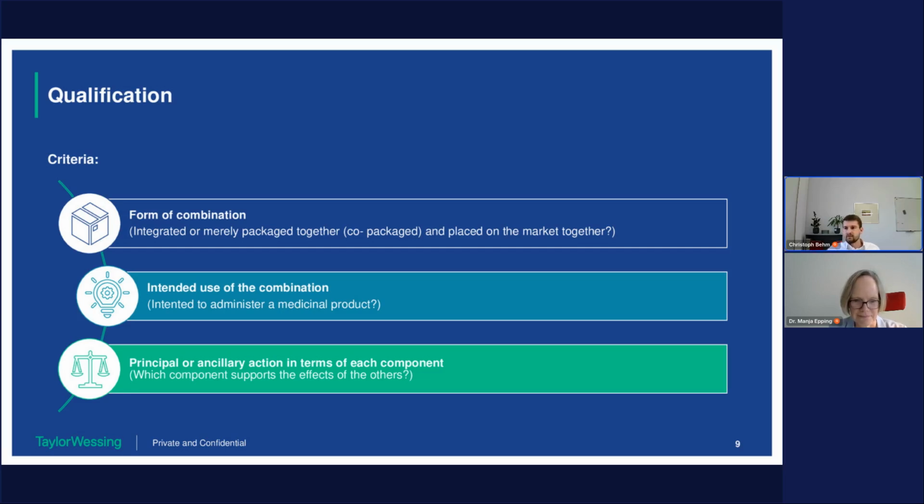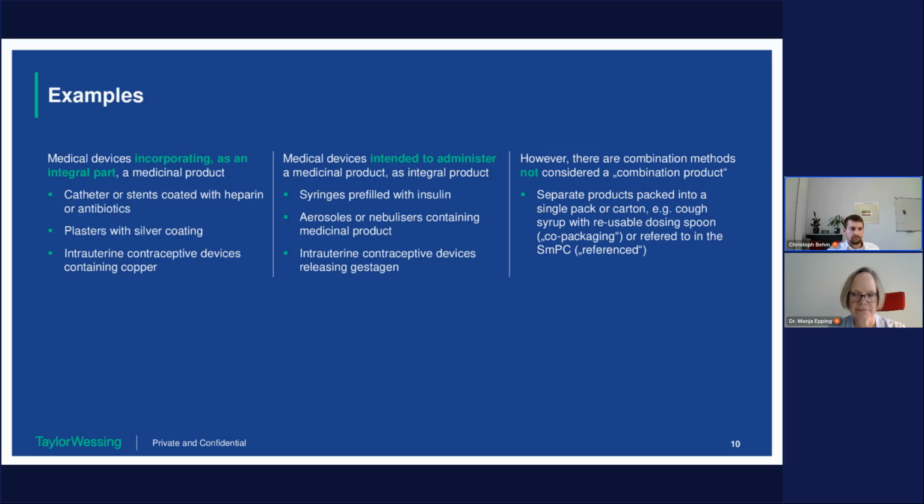So based on these criteria, the following can be understood as combination products in the sense of the MDR. The first group on the left are medical devices incorporating as an integral part a medicinal product. As you can see, examples include implantable devices which are coated with a drug substance.